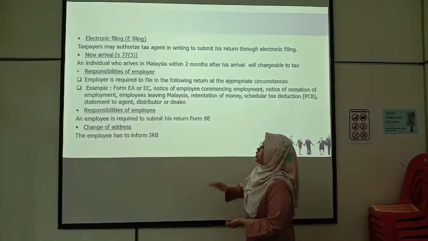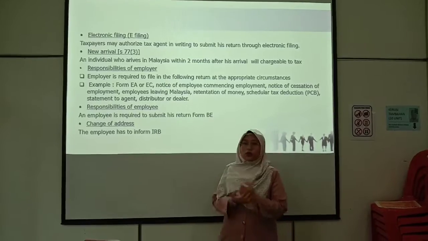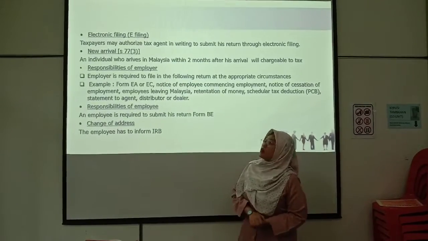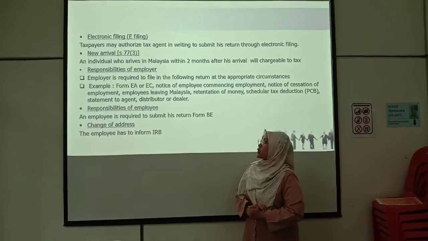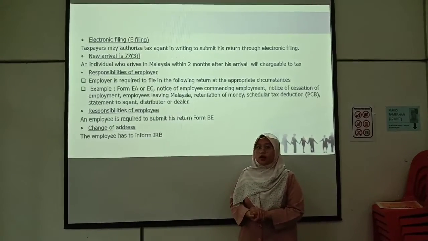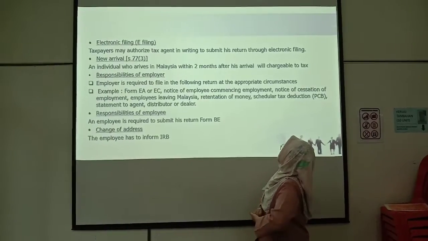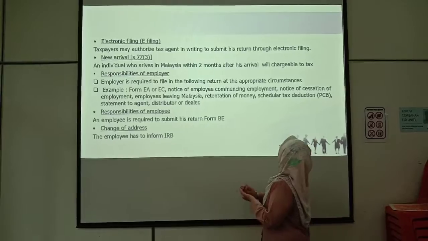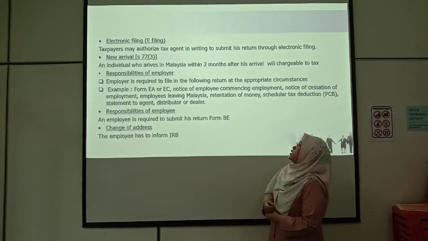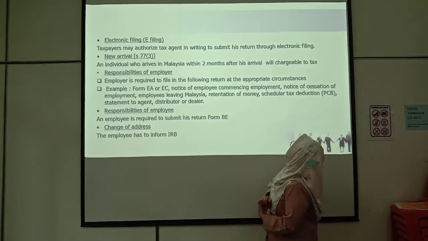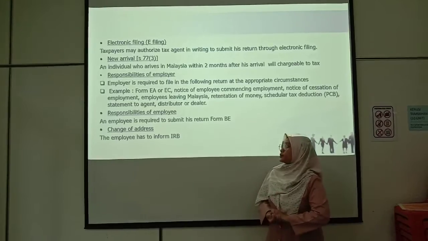Next, responsibilities of an employer. An employer is required to file the following returns in the appropriate circumstances. For example, form EA or EC, notice of employee commencing employment, notice of cessation of employment, employees leaving Malaysia, retention of money, scheduled tax deduction PCB, statement to agent, distributor or dealer.